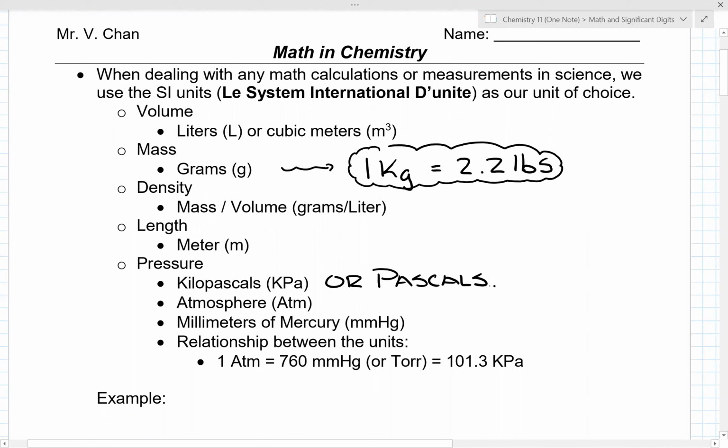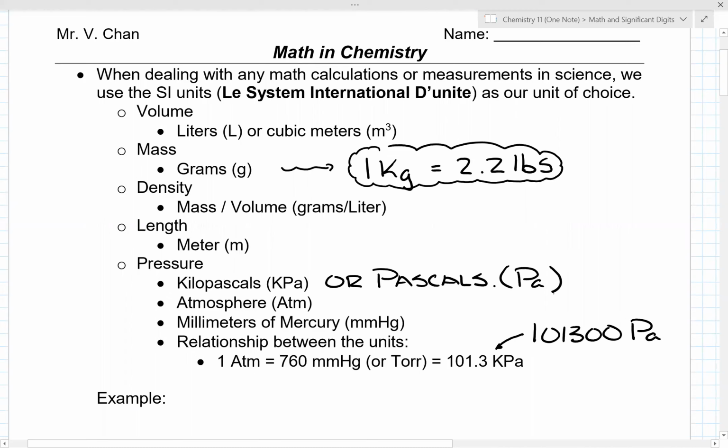Atmospheres, or millimeters of mercury. Now, the relationship between the units is 1 atmosphere is equal to 760 millimeters of mercury, or it is equal to 101.3 kilopascals. Or it could be 101,300 pascals. Pascals is with the PA.